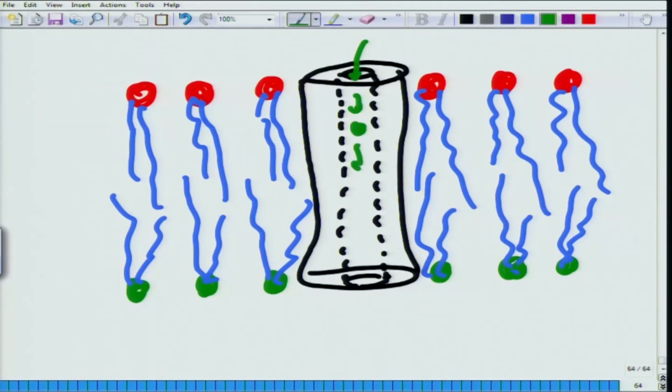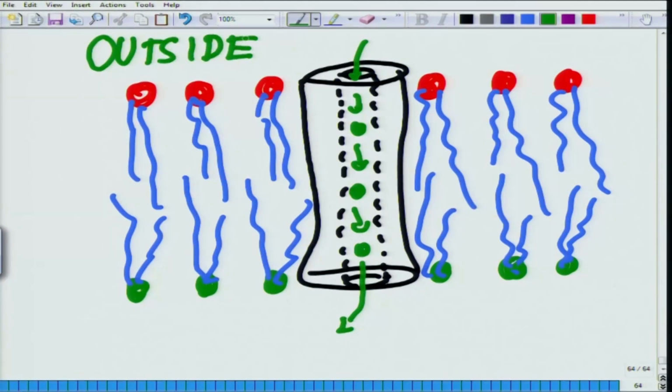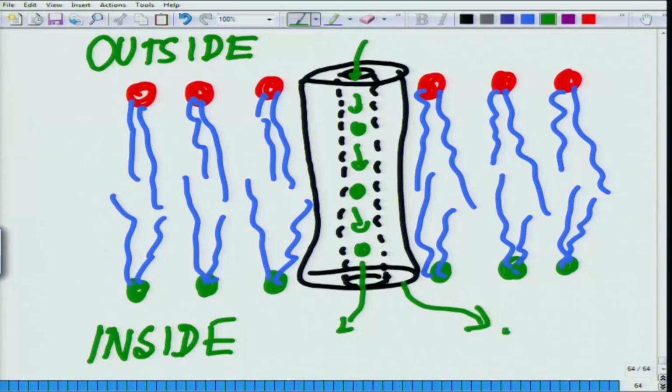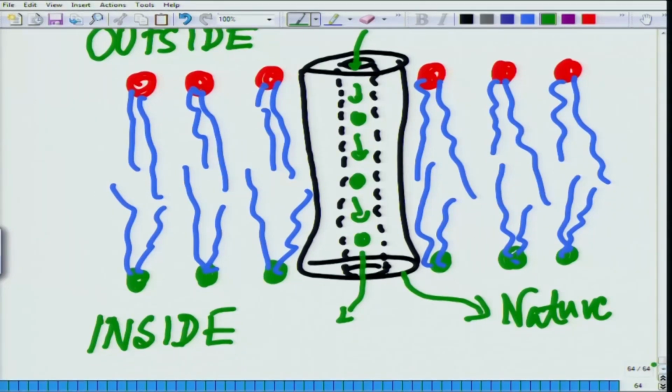This is the molecule which is passing through. So, this is outside and this is inside. Okay. So, what is the nature of these kinds of molecules? This is where we are going to talk about some of the smaller, simplest ones, before we get into the ones which are forming ion channels and everything.